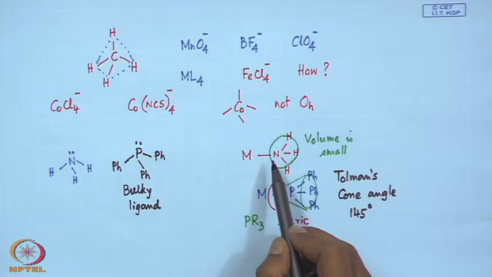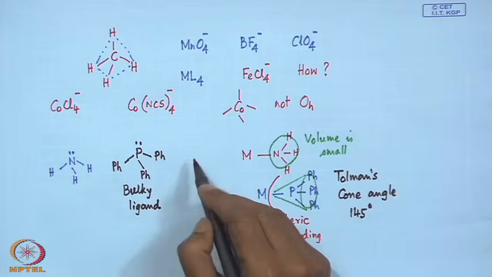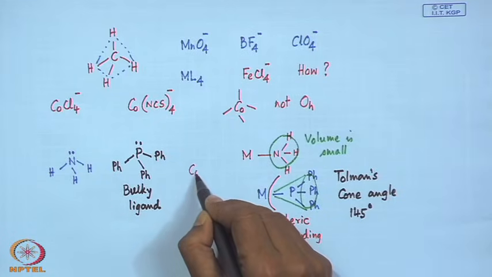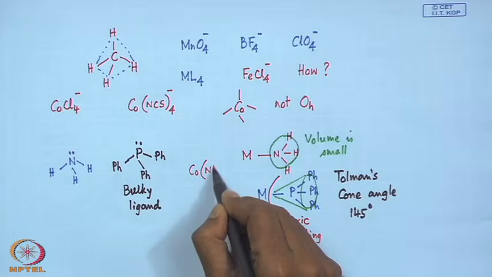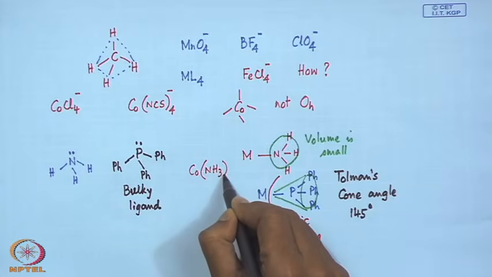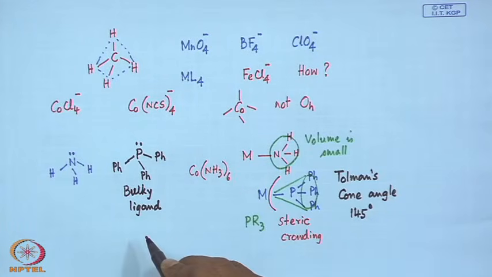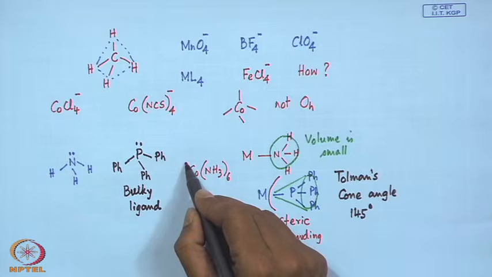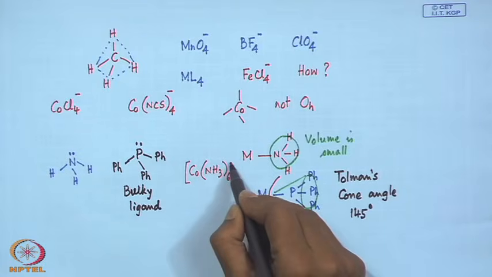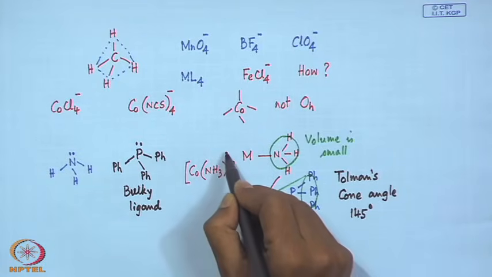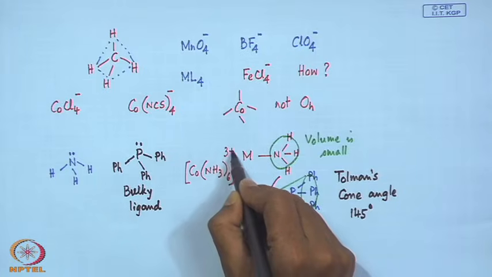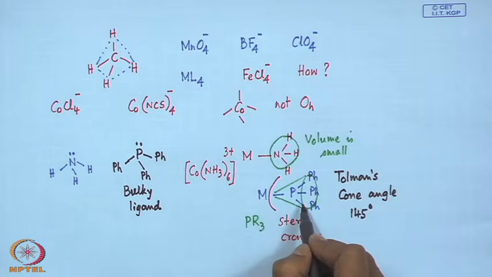So, ammonia cannot have that much choice, and as a result we can accommodate 6 ammonia molecules around cobaltic ion, that means trivalent cobalt, which is not possible with phosphine.